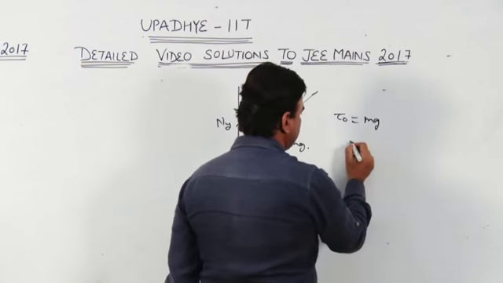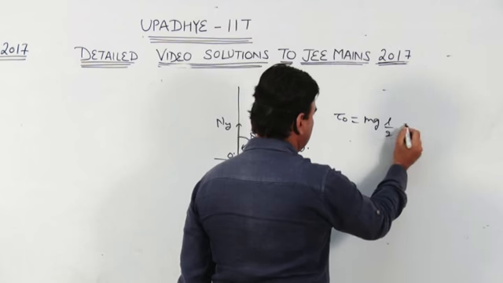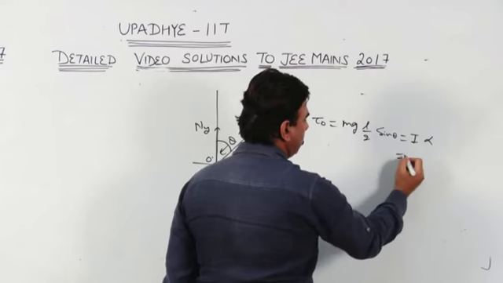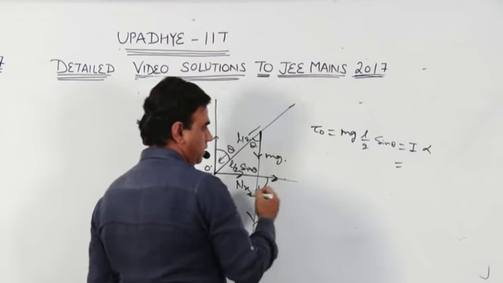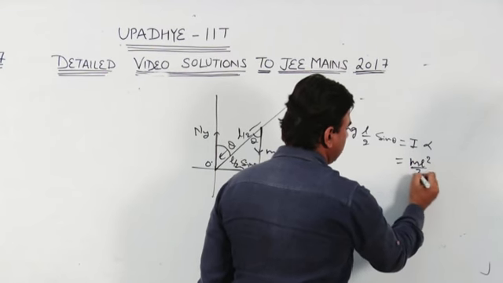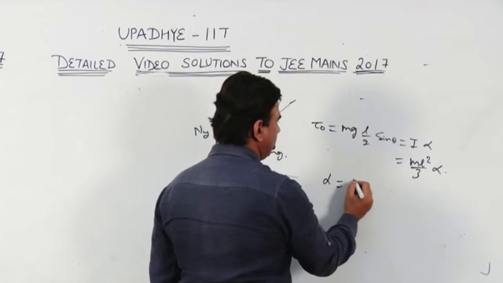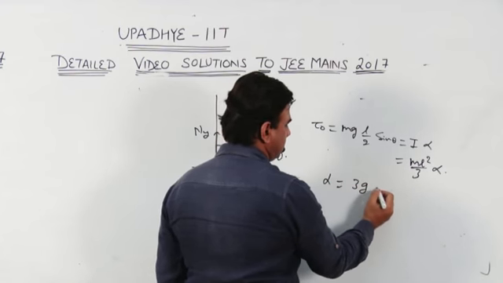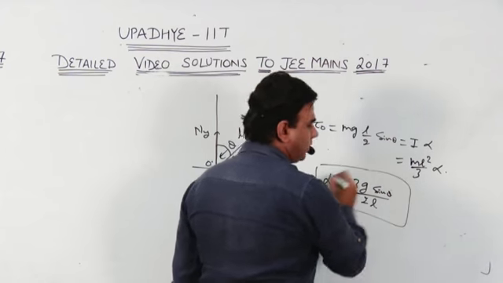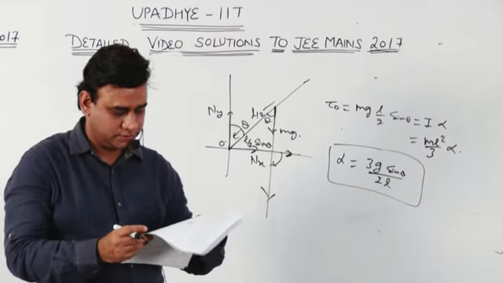So torque of mg equals mg into L by 2 sine theta, and tau is nothing but I alpha. And I for this rod about one end is m L square by 3. So we get alpha equals 3g sine theta by 2L, the angular acceleration.